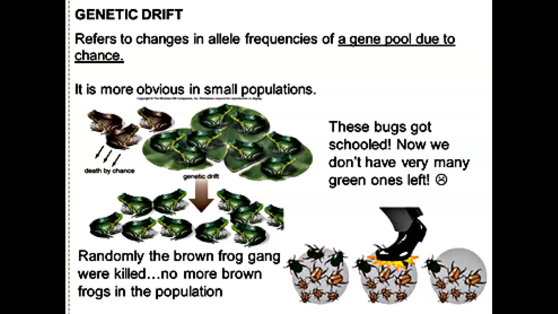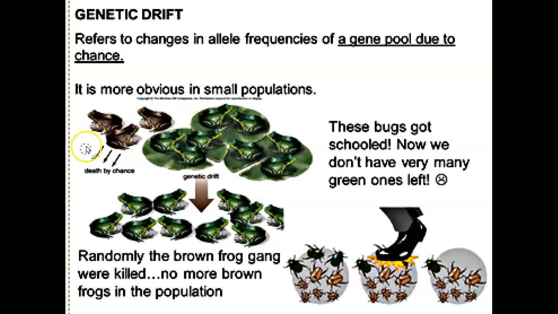Here's an example of genetic drift. Again, it refers to chance. It refers to changes in the allele frequencies of a gene pool due to chance alone, and it is going to be more obvious in small populations. For example, look at these frogs, brown ones and green ones.